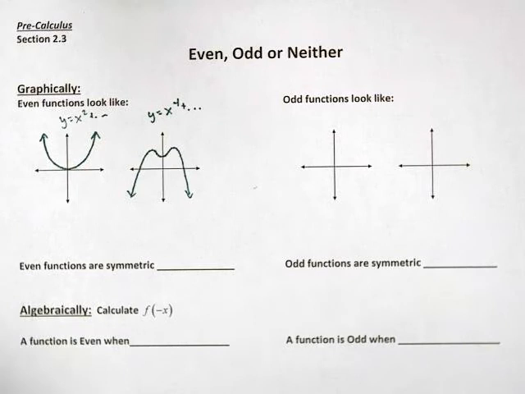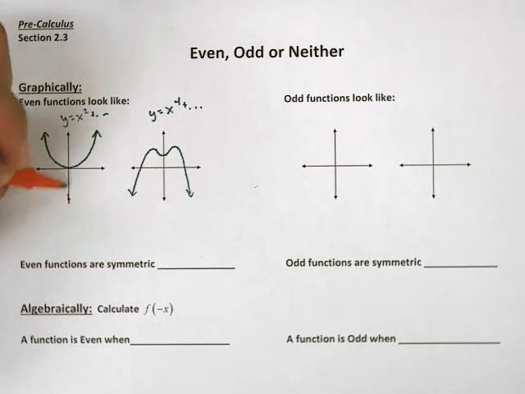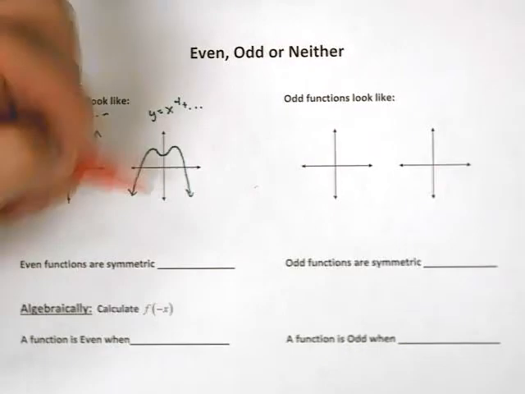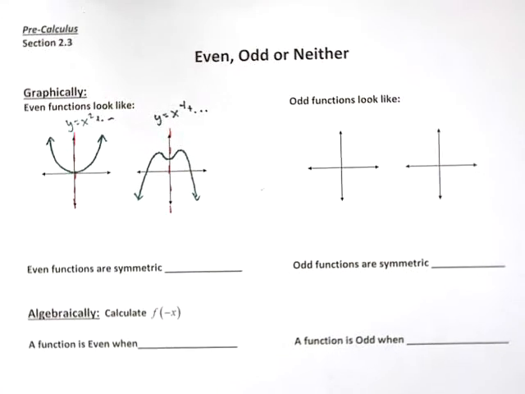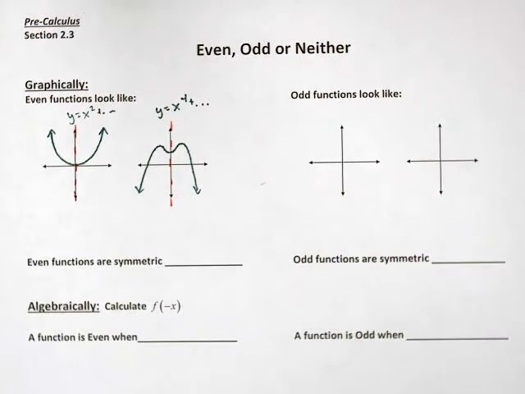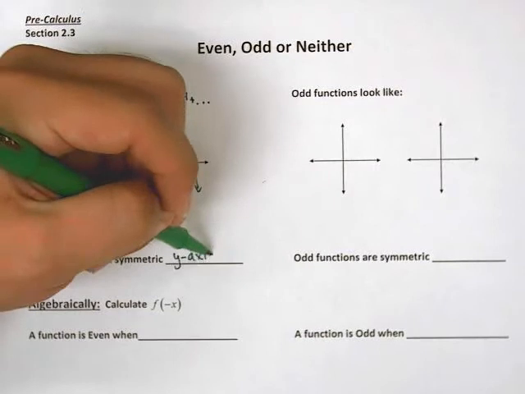And the reason is because, what do we notice about these two graphs that I drew? Hopefully you just said that they have y-axis symmetry. Okay, so in order for a graph to be an even function, there has to be y-axis symmetry.